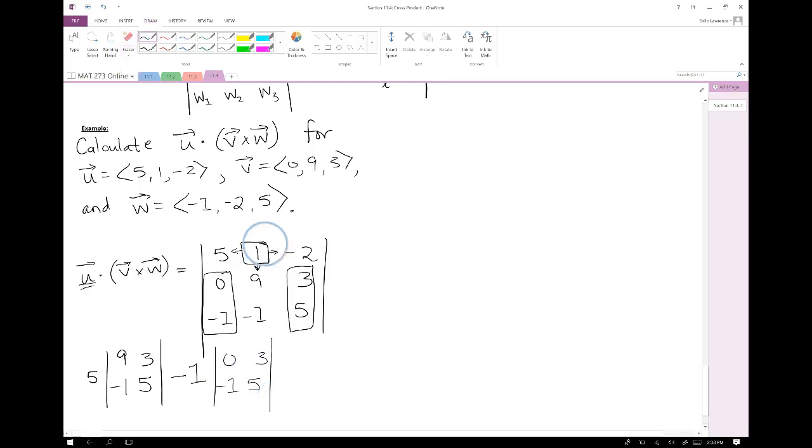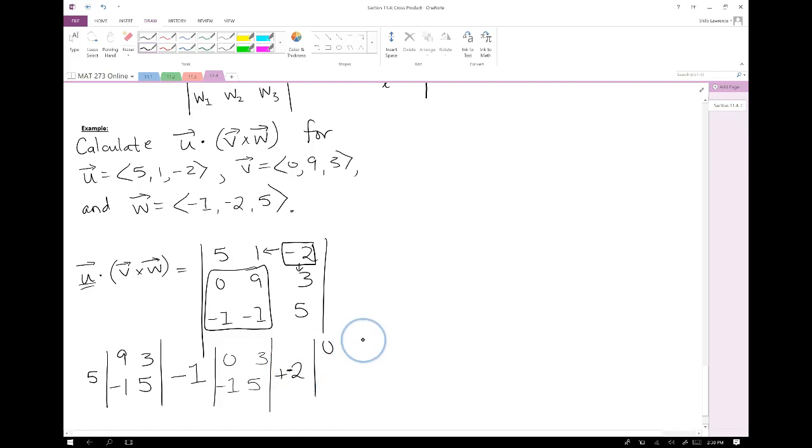And then we'll jump to our last entry, which is negative 2. Ignore its row and its column, and you're left with those. So flip your sign again back to positive, but it's a negative, it's plus a negative 2.